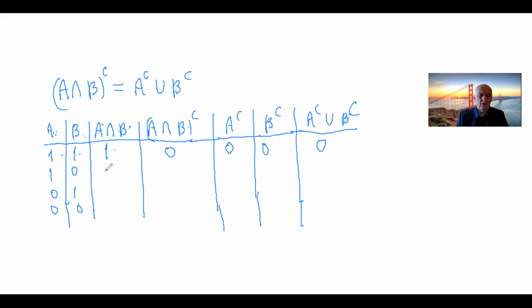Okay, help me, what should I write here? 0. Yes, very good, 0, because the element belongs to A, but does not belong to B, and it does not belong to the intersection of A and B.